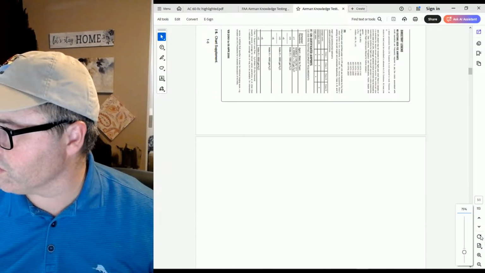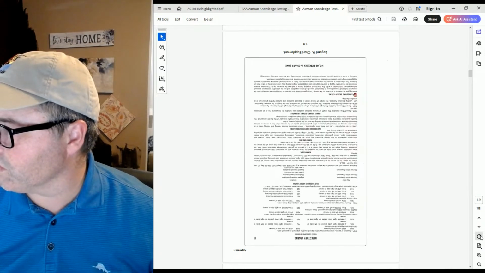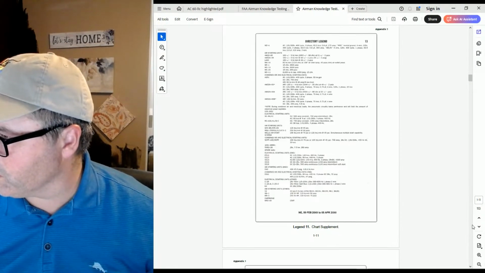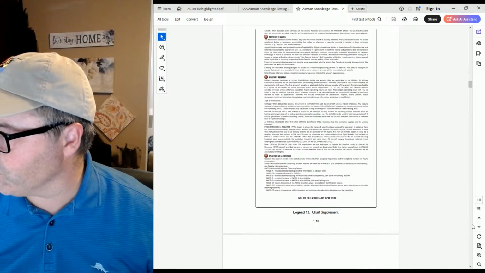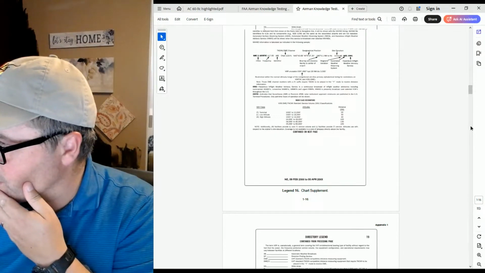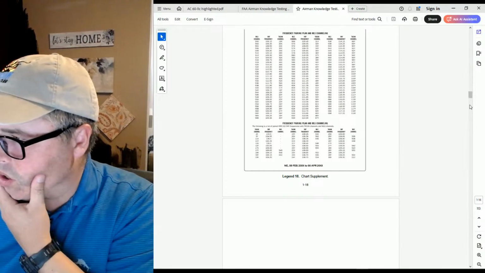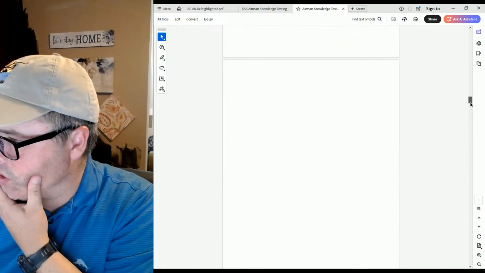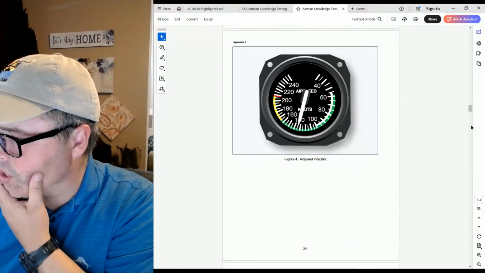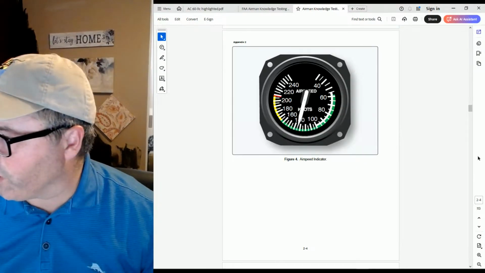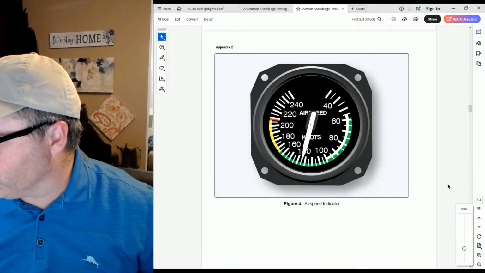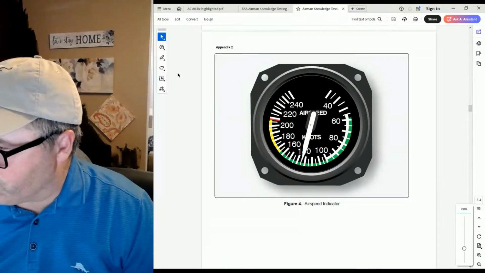Let's put this around so you can actually see it. Figure 4 is where I want to go. Oh, please, you're taking forever. 1, 2, 3, 4. Okay, figure 4, and we'll zoom in on that.